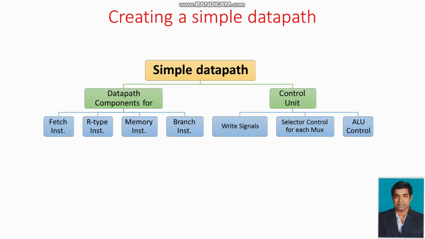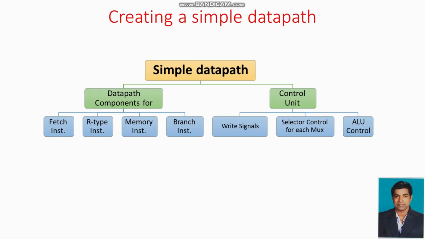There are three types of instructions. R-type means when we are doing an addition operation with the help of registers, add R1, R2, R3. In such cases, these are R-type instructions. Suppose we are doing memory relevant operations like loading, LW and SW instructions, then we need data path components for memory oriented instructions.